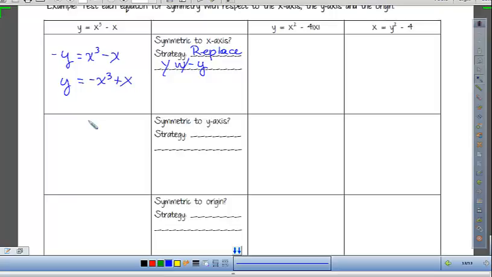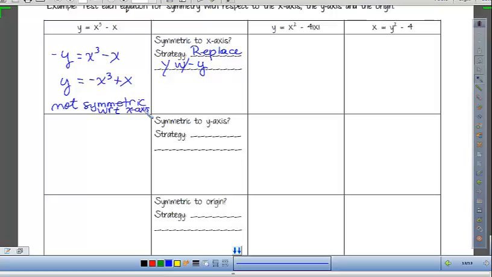When I compare this to what we started with, is it the same? No, it's not. And so we say it's not symmetric with respect to, WRT is fine, the x-axis.